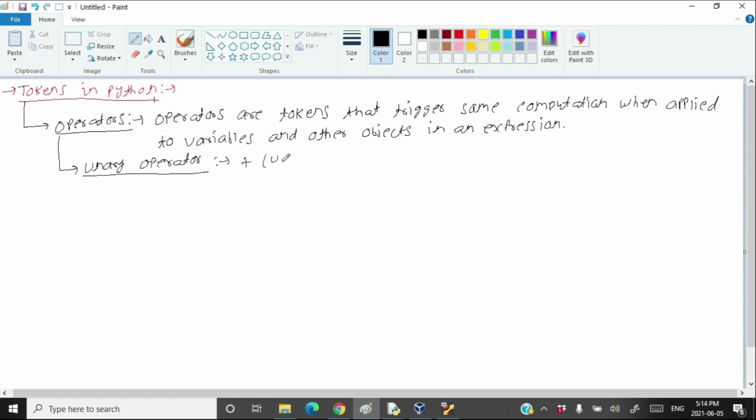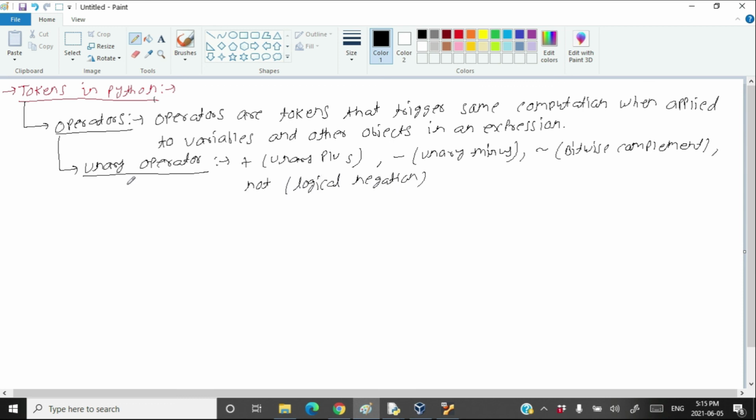Unary plus is a plus sign used to represent the sign of a number. It's not for summation, it's just to decide the sign of a number. Then you have unary minus, then bitwise complement, then not, also called logical negation. These are the unary operators.